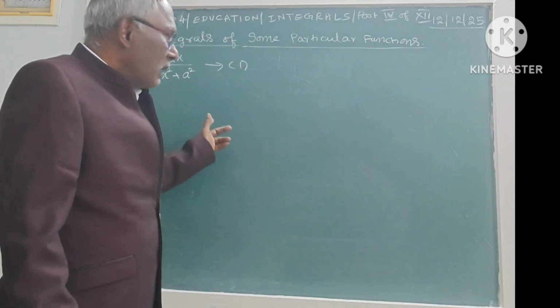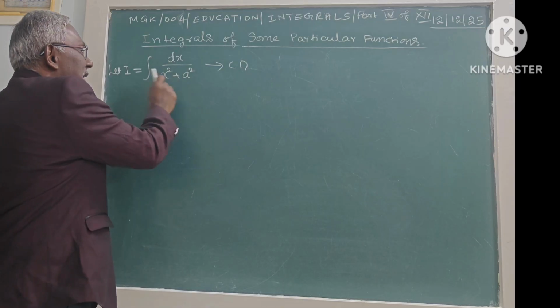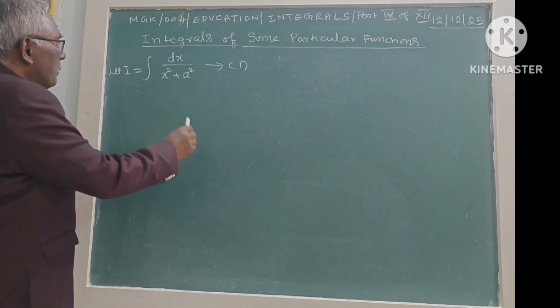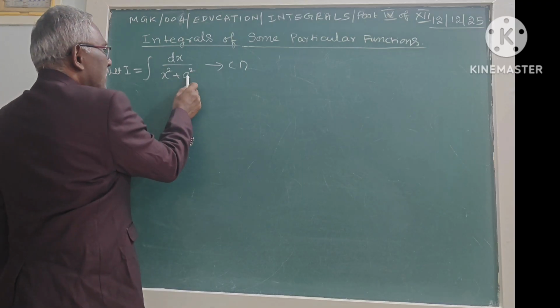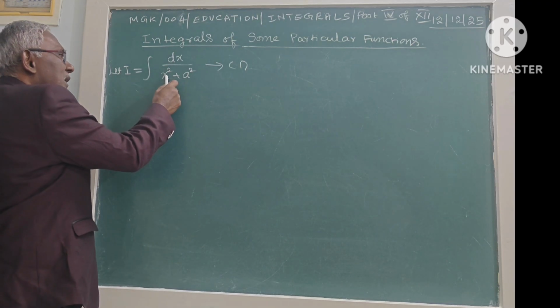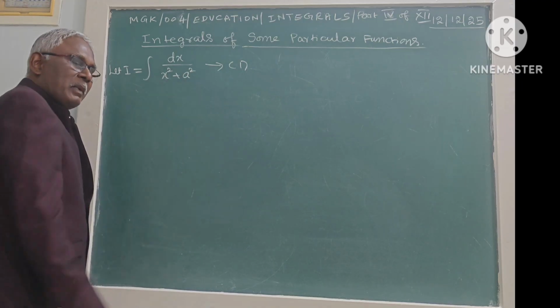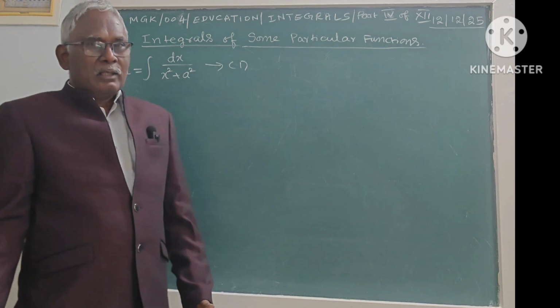How to make the denominator a single term here? By putting x is a tan theta. If you put x as a tan theta, it becomes a square tan square theta plus a square, and once you take a square outside, it becomes tan square theta plus 1, which becomes secant square theta. The denominator becomes a single term.